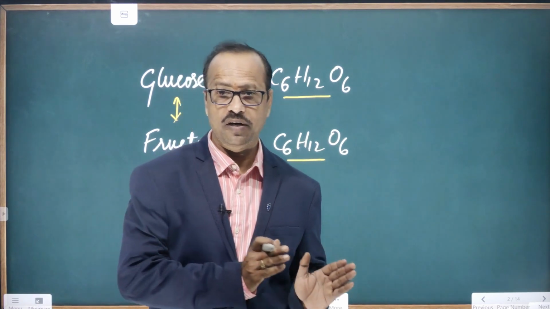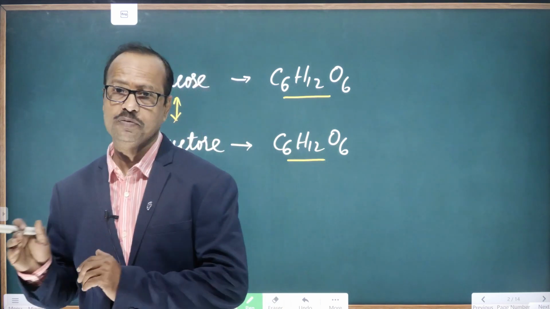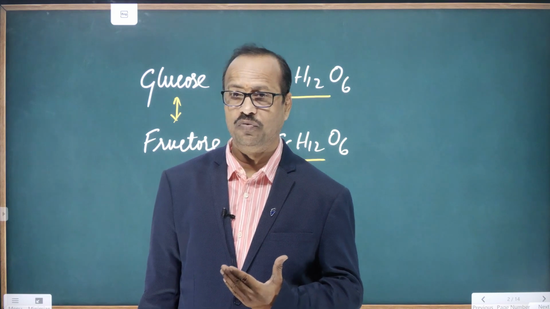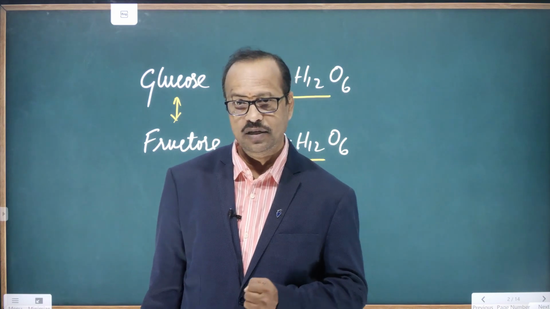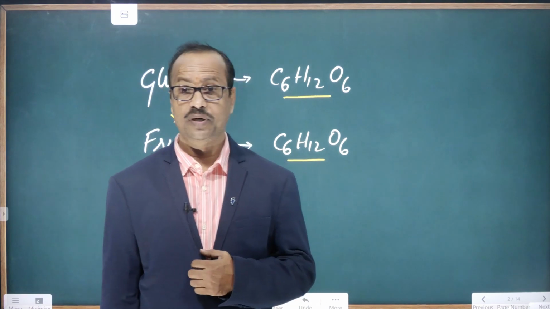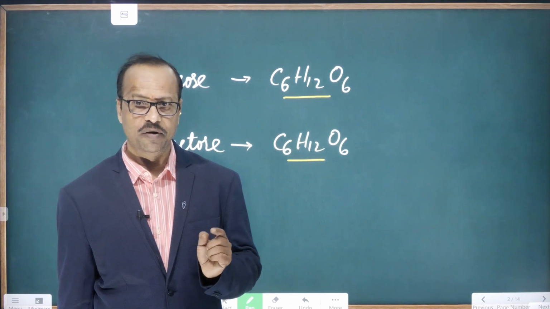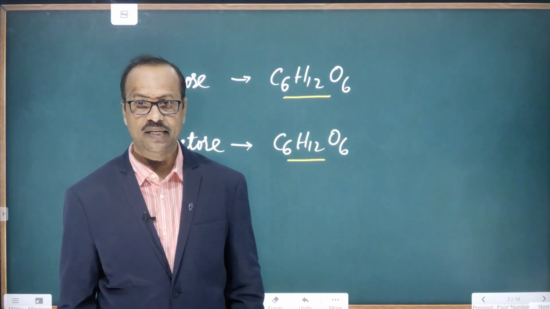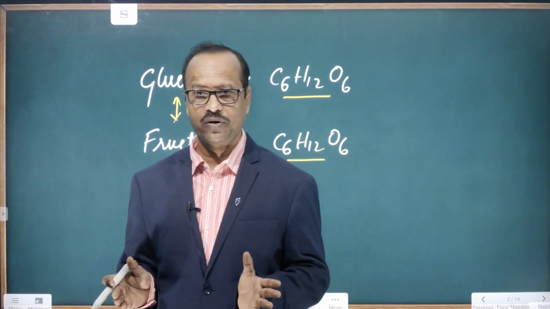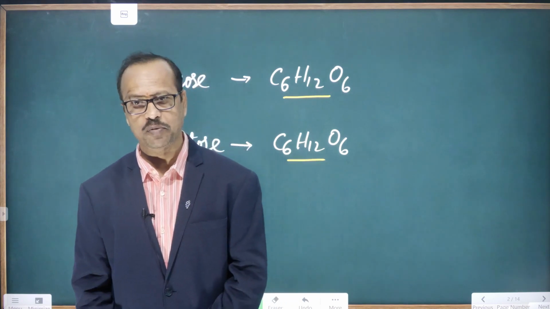Glucose properties are different and fructose properties are different. We already studied functional groups, right? Glucose consists of the aldehyde functional group. Fructose consists of the ketone functional group. So glucose and fructose are two different compounds having different physical and chemical properties.